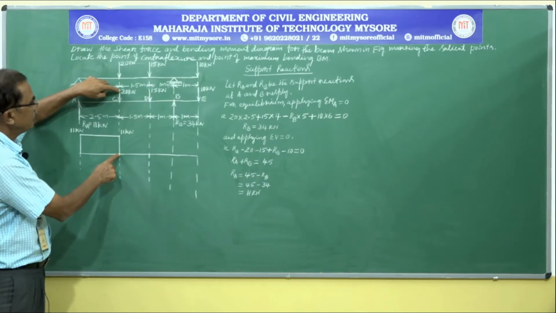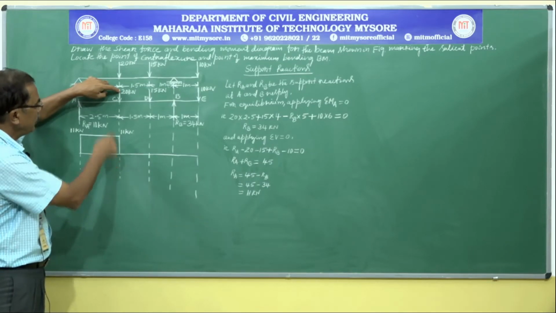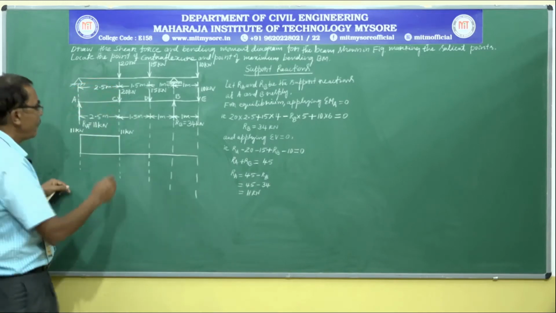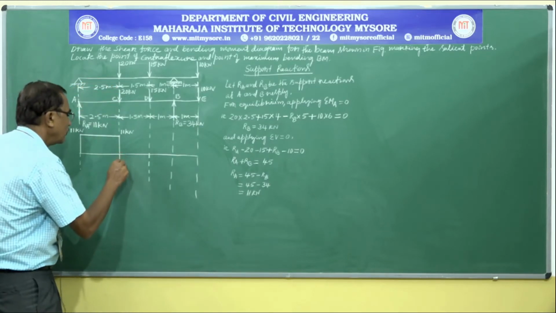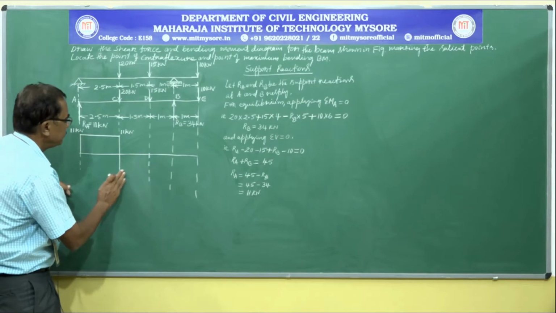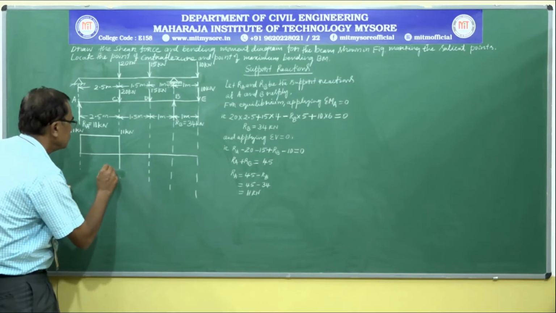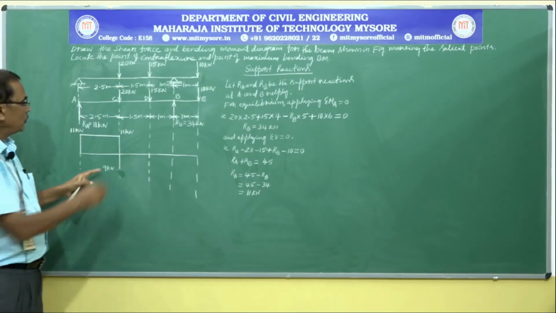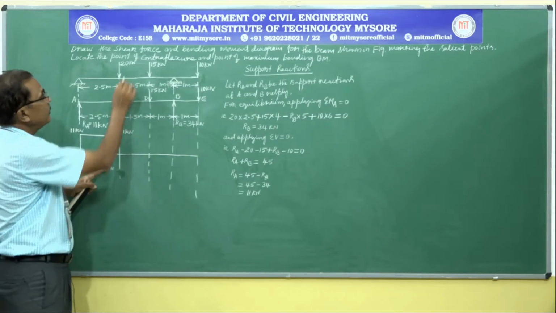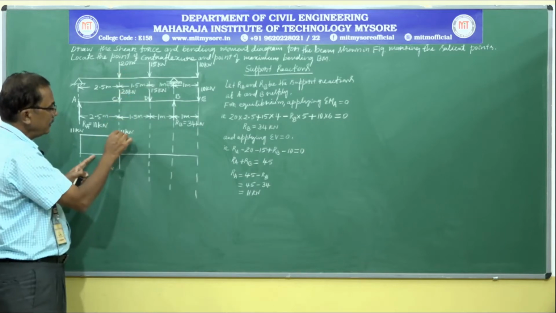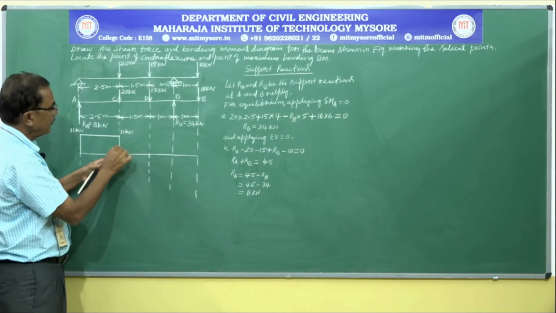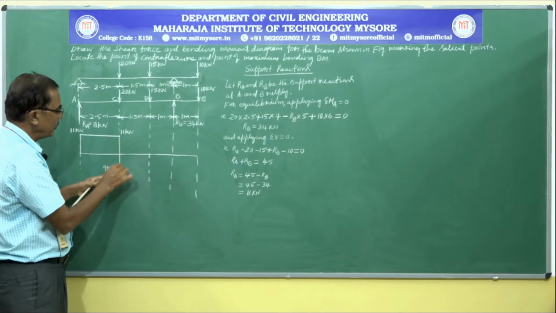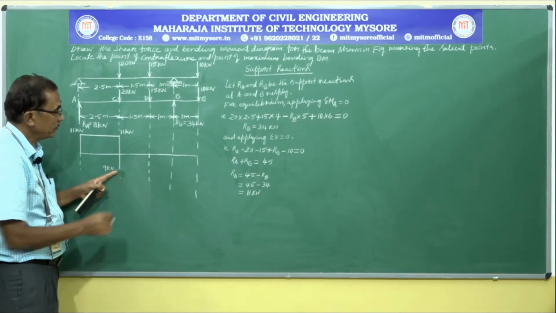Forcibly we have to move below the reference line by 9 kilonewton. So, 9 plus 11, 20 kilonewton. We have come down totally by 20 kilonewton. Above the reference line 11 kilonewton, below the reference line 9 kilonewton.